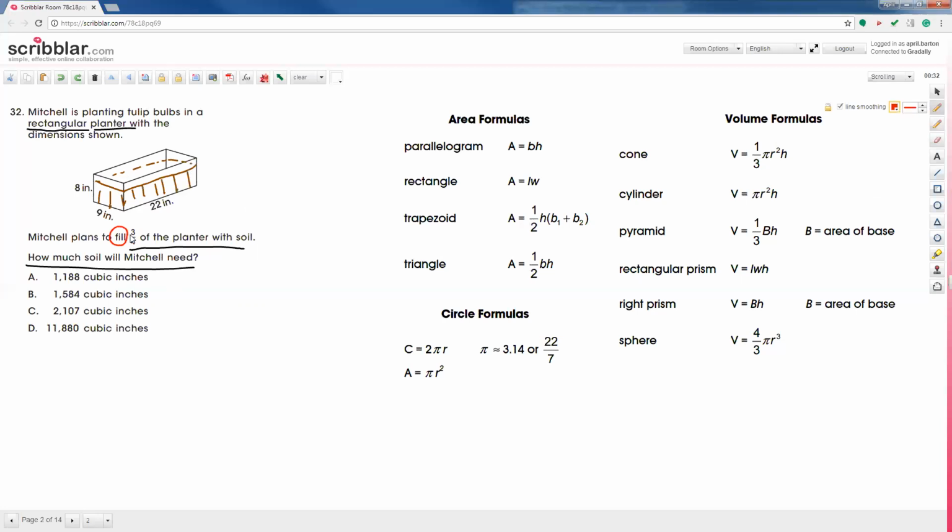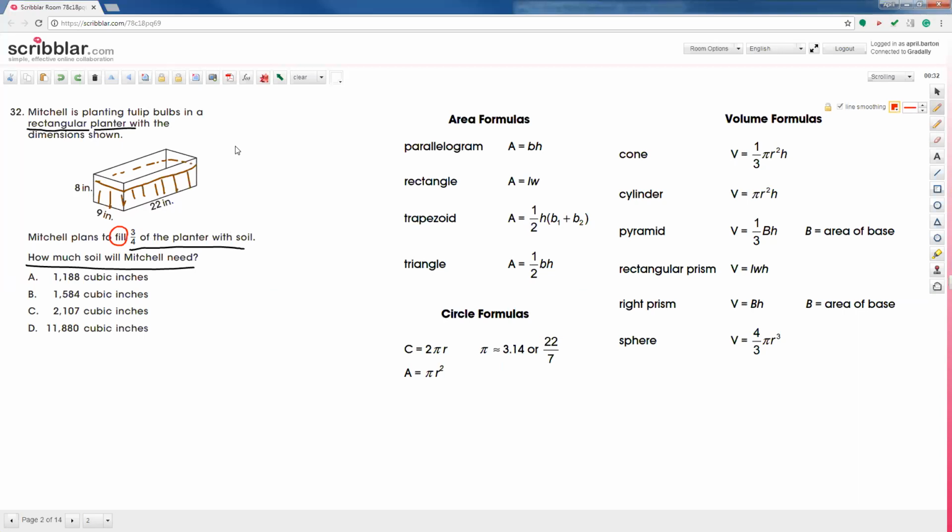Volume is inside of the shape. So if we're going to fill it, we want to go to our volume formulas and decide, well, which one applies here? We have this box shape that they've called a rectangular planter. So we have cone, cylinder, pyramid, rectangular prism, right prism, or sphere to choose from.